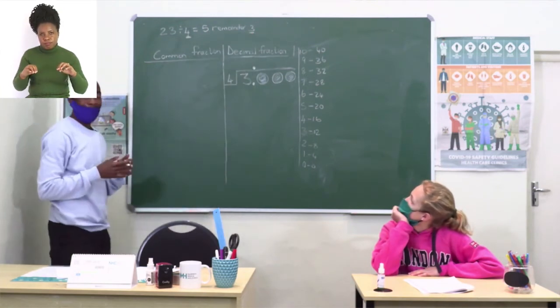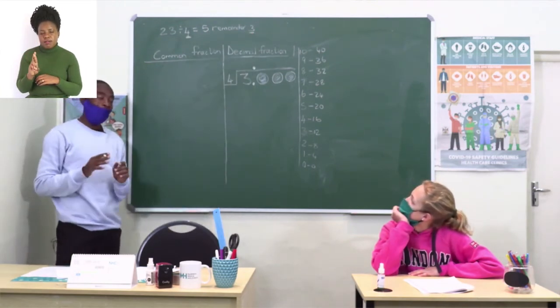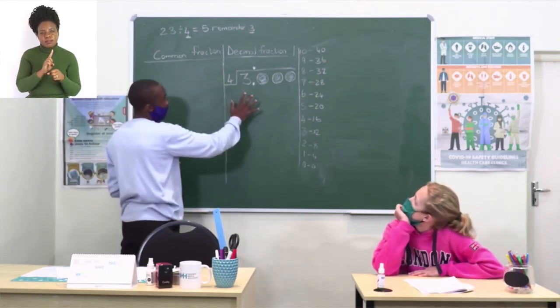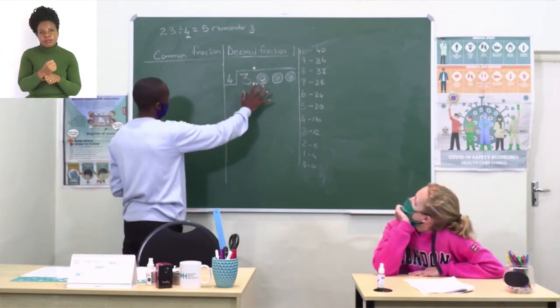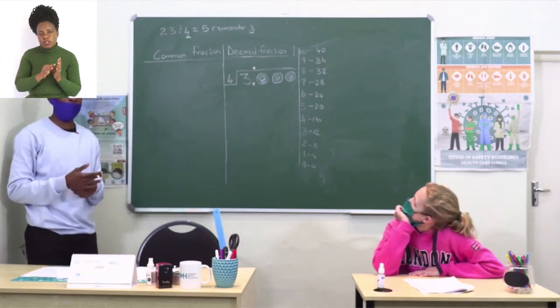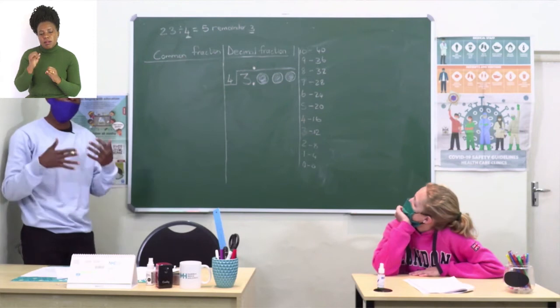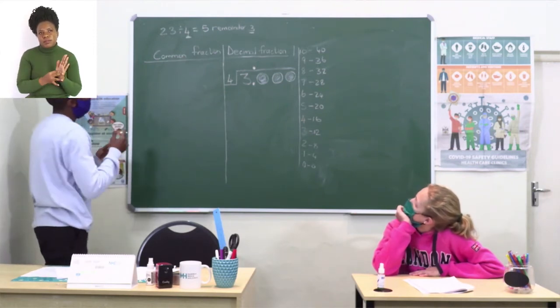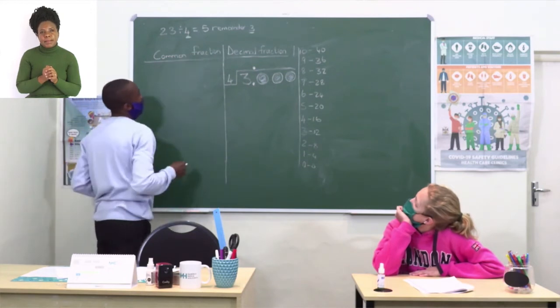We are going to write the answer in the form of a common fraction and also in the form of a decimal fraction, which is supposed to be quite easy, especially when it comes to writing it as a common fraction. How do I write this answer as a common fraction?